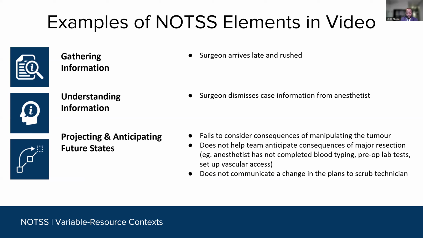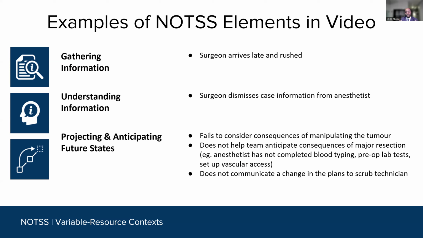Ineffective behaviors in projecting and anticipating future states include failing to consider the consequence of manipulating the tumor, which if manipulated may bleed. Not anticipating that the patient may need ICU after surgery, or failure to book the blood before surgery so that the patient can get transfused if needed.